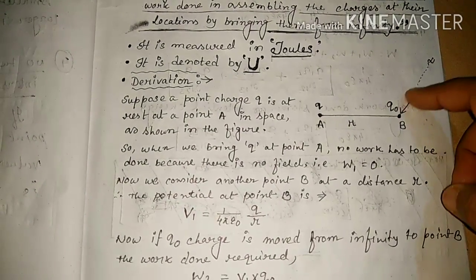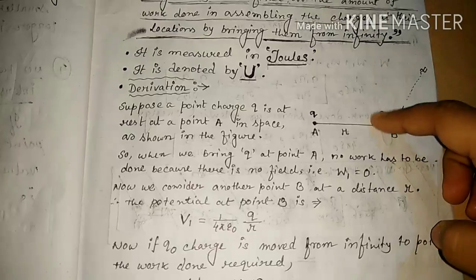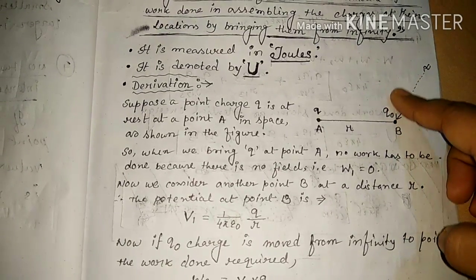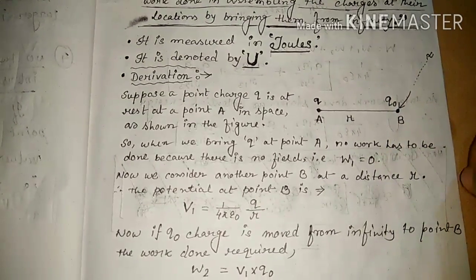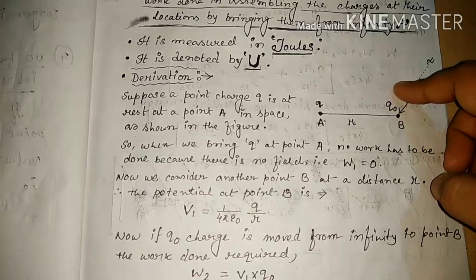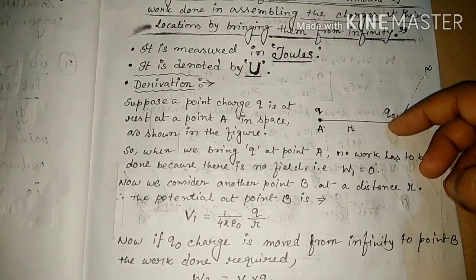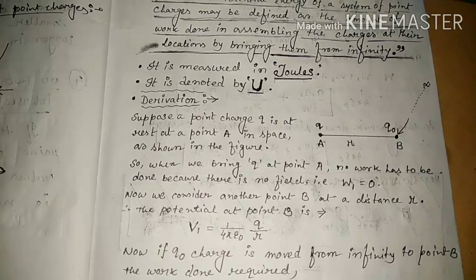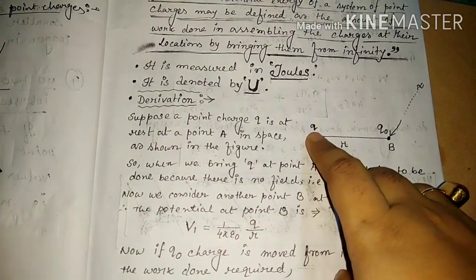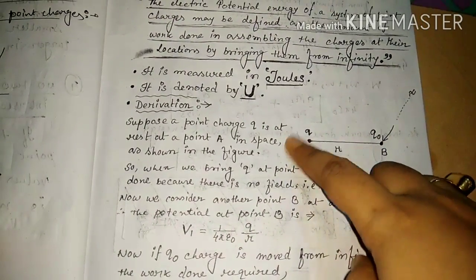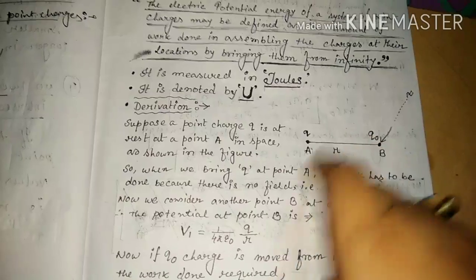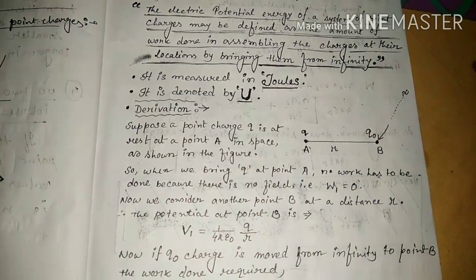Now we bring another charge Q0 from infinity to point B. When we bring this second charge Q naught to point B, it experiences a force, because the first charge is placed there and it has an electric field, so it applies a force on the second charge.